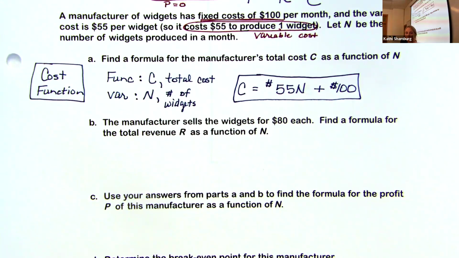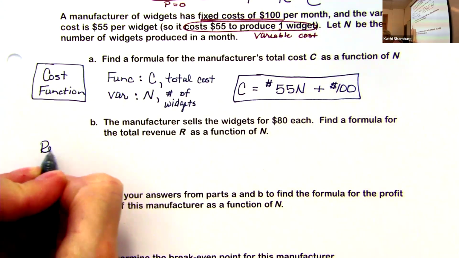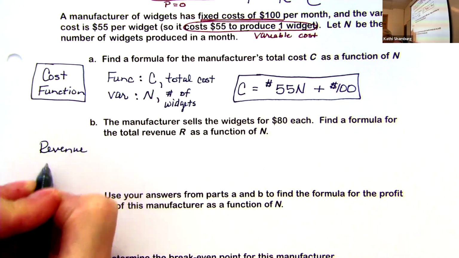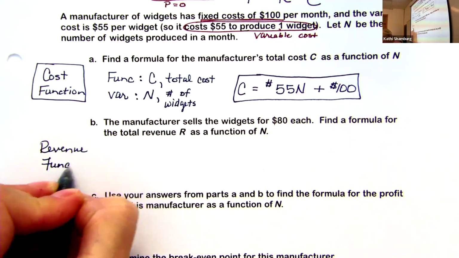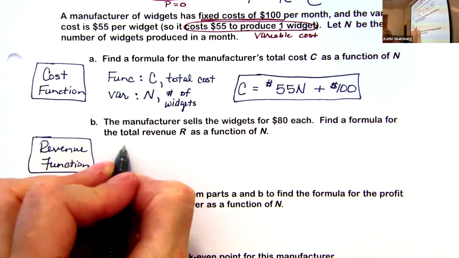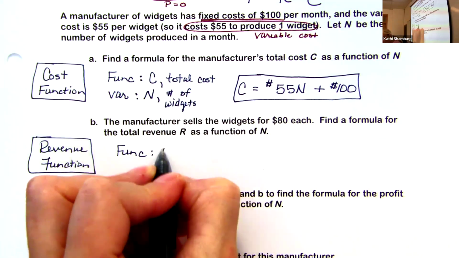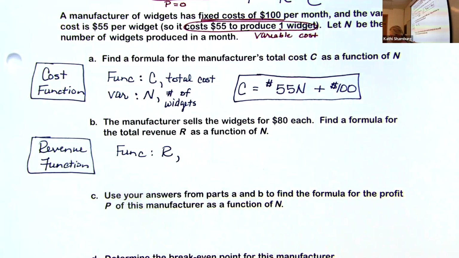Part B, the manufacturer sells the widgets for $80 each. Find a formula for the revenue function. All right, so now we're going to do the revenue function. So my function changes. So my function is no longer C for total cost. It tells me to call it R, which is total revenue.